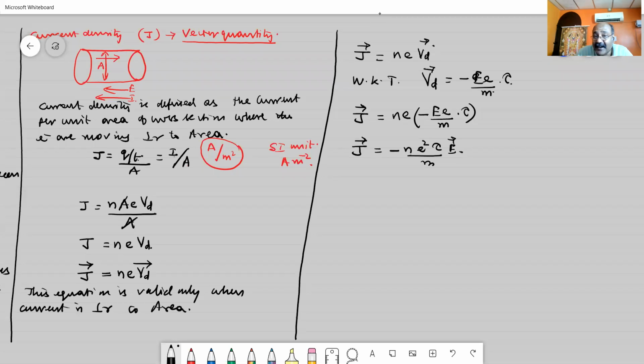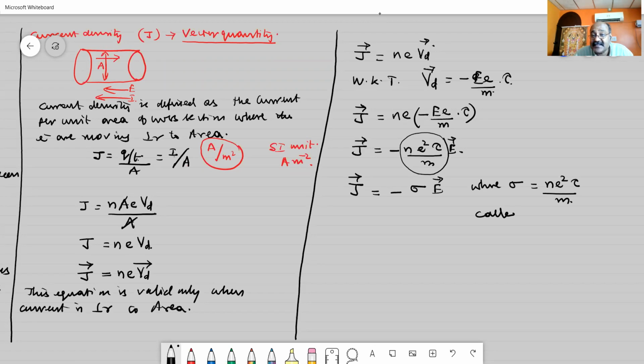All these are constants. n is the number of electrons per unit volume, a constant. e, the charge, is a constant. Tau, the average relaxation time or mean free time, is a constant. m, the mass of the electron, is a constant. So I can replace all these constants with a single constant sigma, where sigma is equal to n e square tau divided by m.